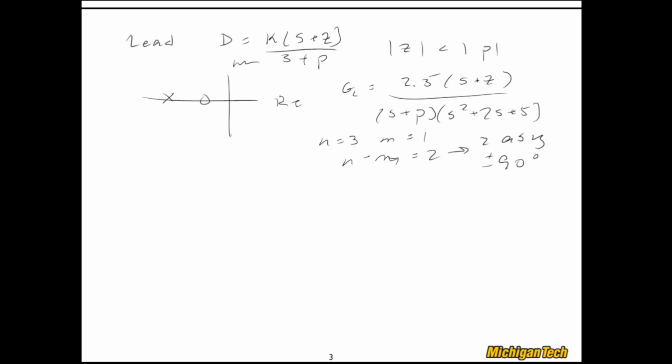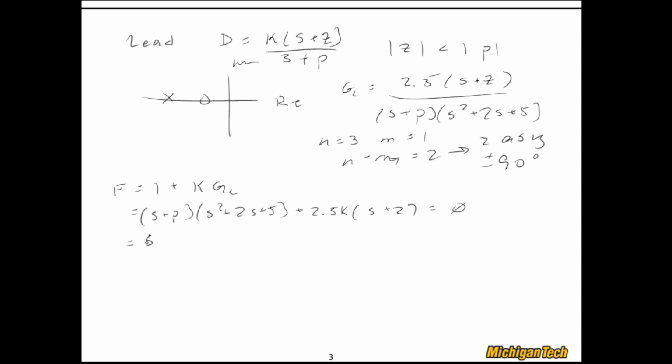However, now the location of the intersection point of the asymptotes with the real axis is probably going to change. The way we can look at that is to form the characteristic equation, which is 1 plus kgl, and that will be (s plus p)(s squared plus 2s plus 5) plus 2.5k(s plus z) equals 0.